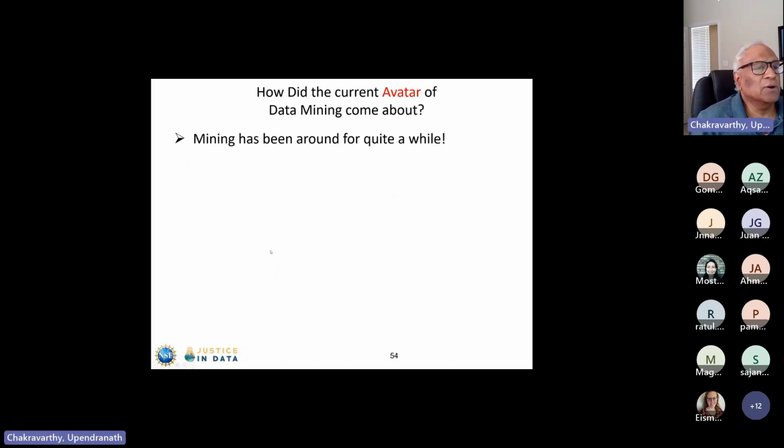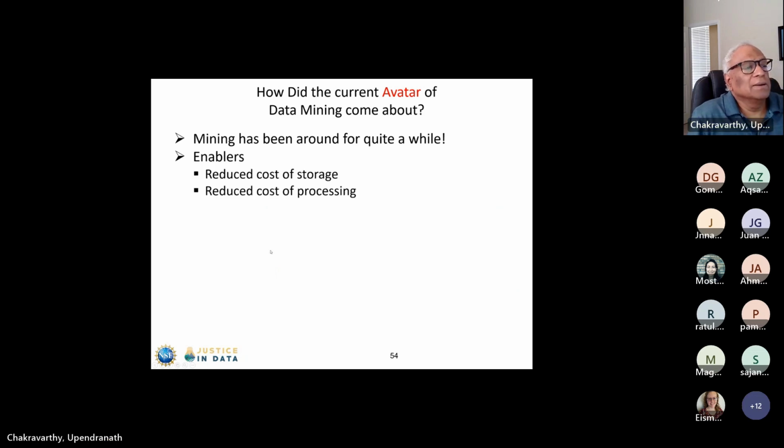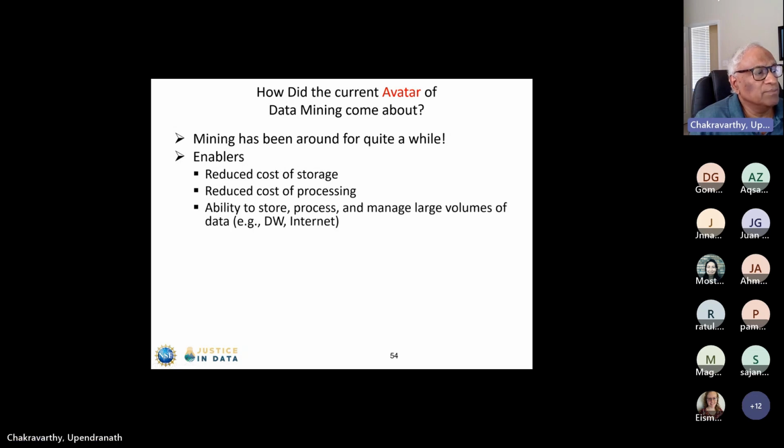So mining has been around for quite a while. There were a bunch of enablers without which mining would not have been possible. One is the reduced cost of storage, so you can go to larger storage systems. Reduced cost of processing, so we have more powerful computers that are cheaper. Ability to store, process, and manage large volumes of data and access.